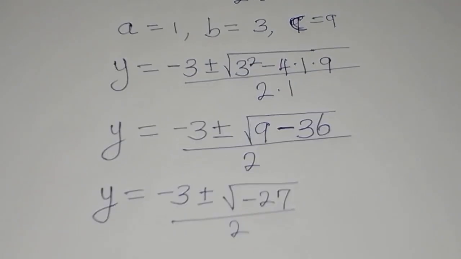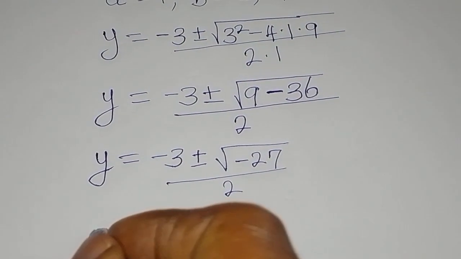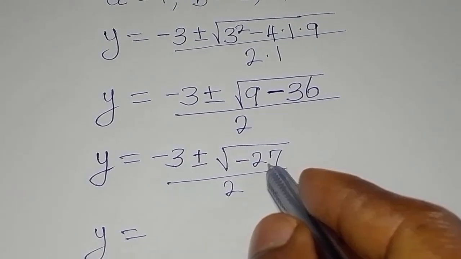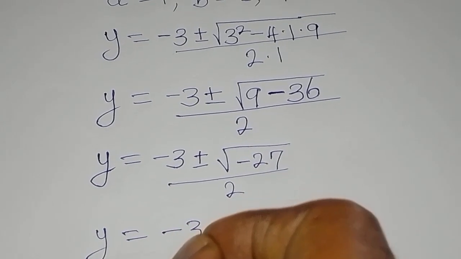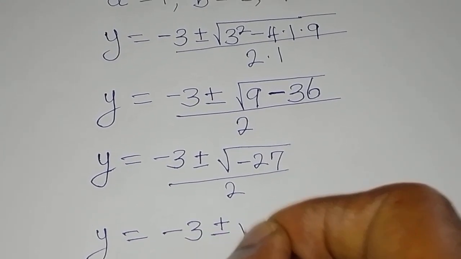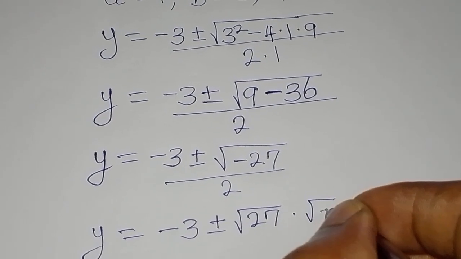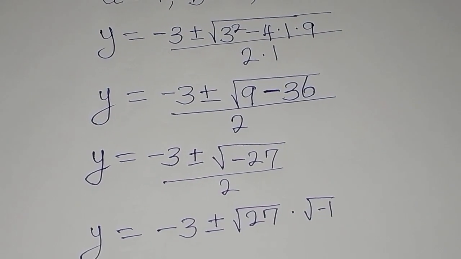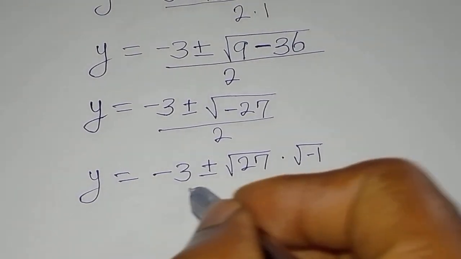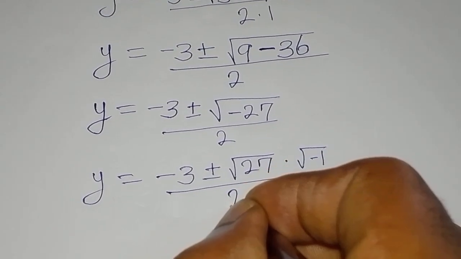So what I will do now is to pick out this negative. So I'll have minus 3 plus or minus the square root of 27 multiplied by the square root of negative 1. You can see that I brought out the negative. So this is divided by 2.